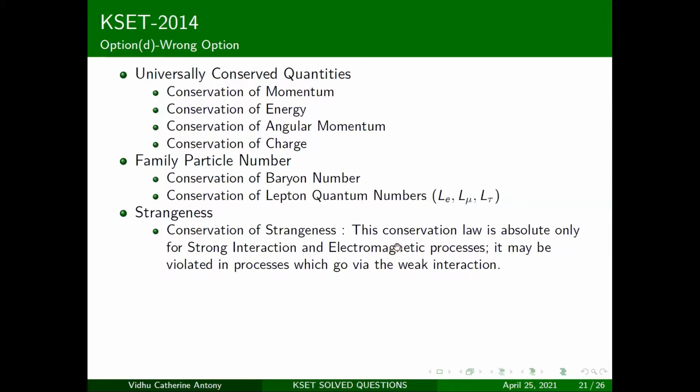So that's very strange, and therefore it's called strangeness. The quantum number associated with that is called strangeness. I'm not going to go into detail on that because that itself is like an entire semester's work. So this conservation law is absolute only for strong interactions and electromagnetic processes. It may be violated in processes which undergo the weak interaction.